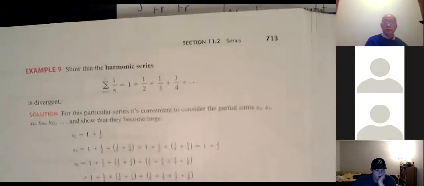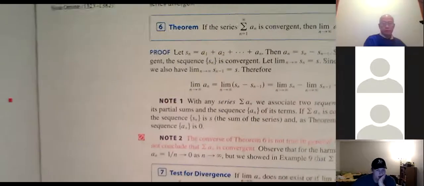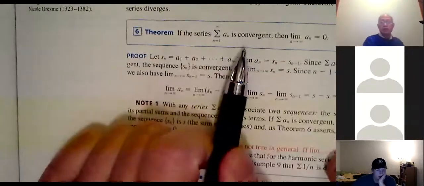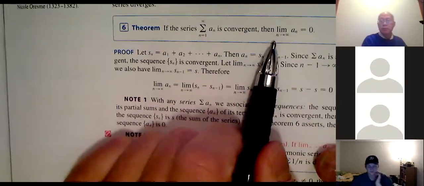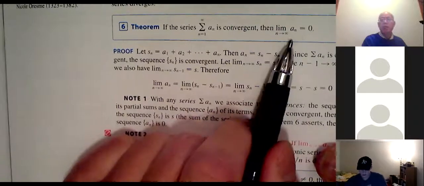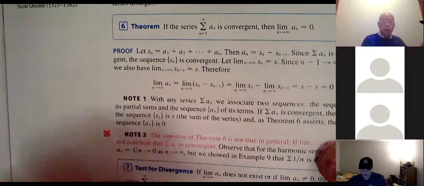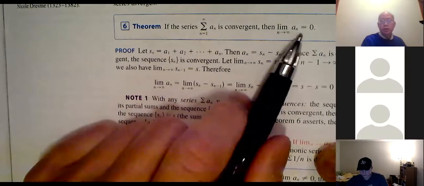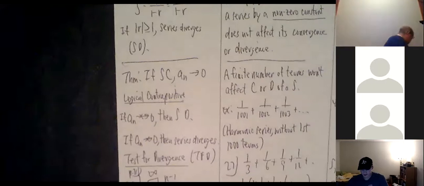Yeah, page 713. If a series is convergent, the limit as n approaches infinity of A sub n equals 0, or A sub n approaches 0. So if you know the series converges, A sub n has to approach 0. That's what I mean by my shortcut abbreviation there.